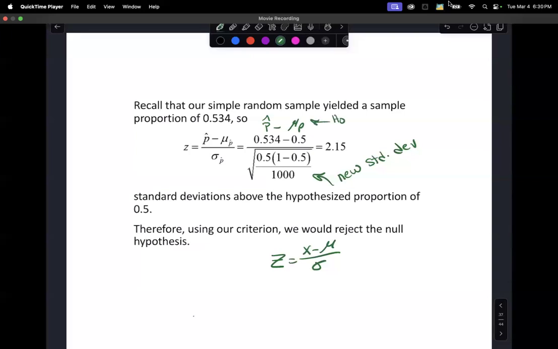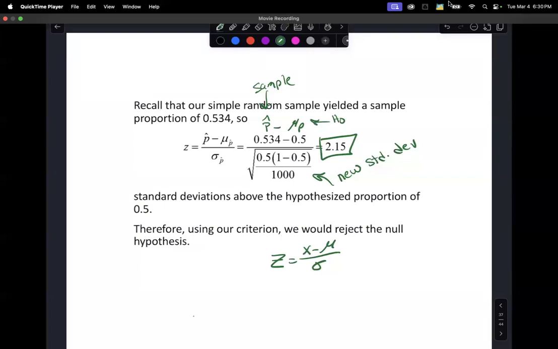So you take the sample proportion minus the null hypothesis proportion, divide it by the new standard deviation, and I get a z-score. It's the same math, just with our new stuff. This is the z-score of my sample. This is the evidence that I'm going to use to try to disprove the null hypothesis.